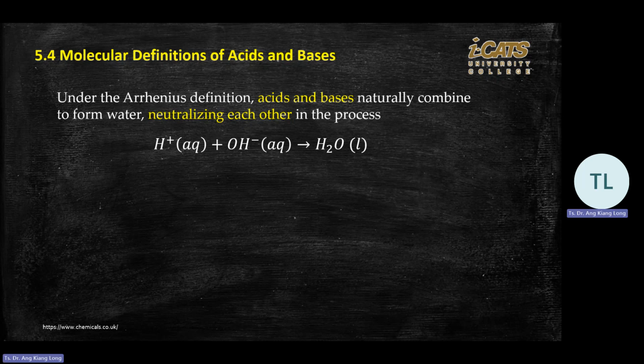And remember the state: aqueous plus aqueous, and H2O is not aqueous, it's liquid. This will be a careless mistake in the test or final exam. Some of you will write H2O as aq. H2O is l, liquid form. It's not aqueous. Aqueous, normally we put for ions.